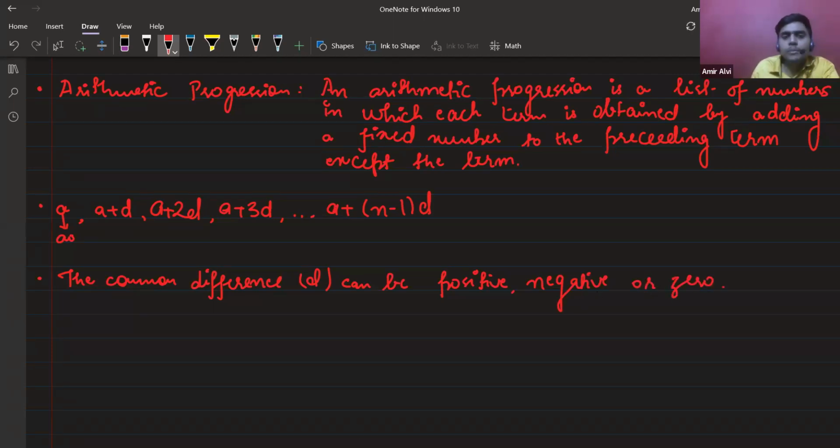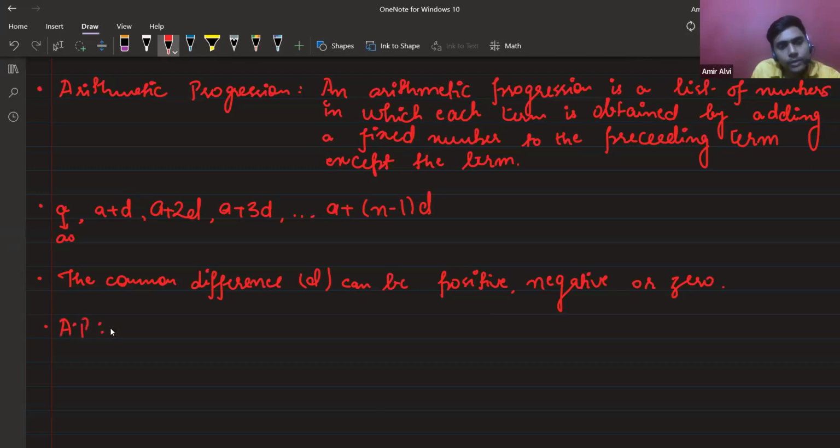Even fraction, it can be a fraction as well. Positive, negative, 0, or fraction, but it should be a rational number. Got it? Yes or no? Okay, that's great.